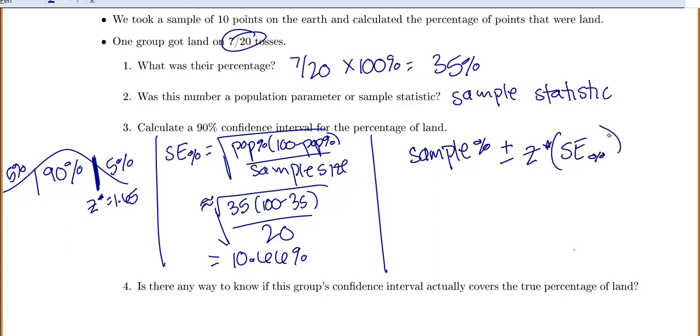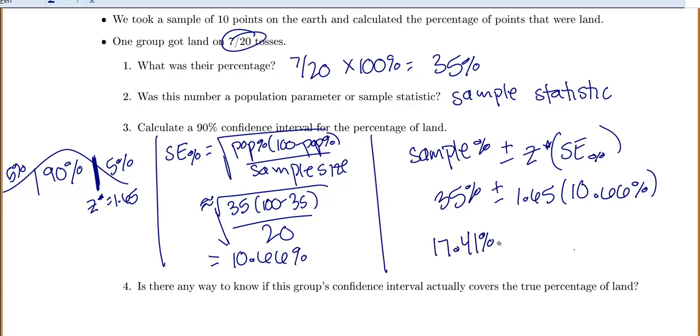So my sample percentage was 35%, plus or minus Z star, which is 1.65, times the standard error of 10.66%. And this gives me 17.41% to 52.59%.